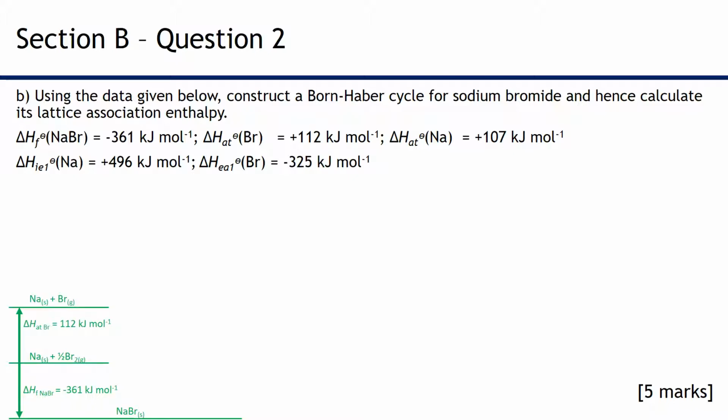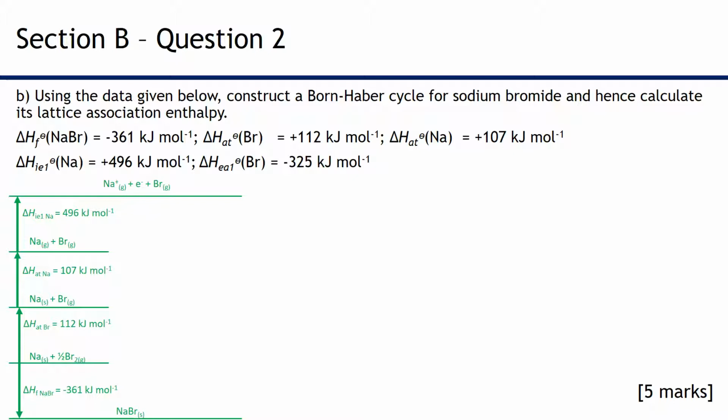So to get to the lattice enthalpy, first we have to atomize our reagents into their gaseous monoatomic states. So first of all, we can atomize bromine, then we can atomize sodium. Now they're gaseous atoms, we want to get to gaseous ions, so we can do the first ionization energy of sodium here to get sodium plus and an electron, and then we can take that electron and add it onto bromine using the first electron affinity for bromine.